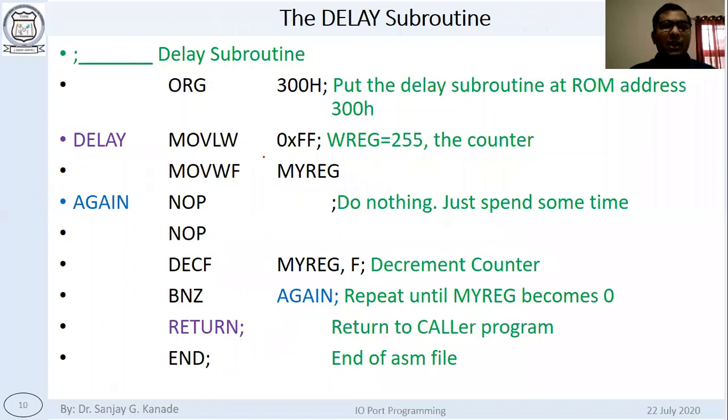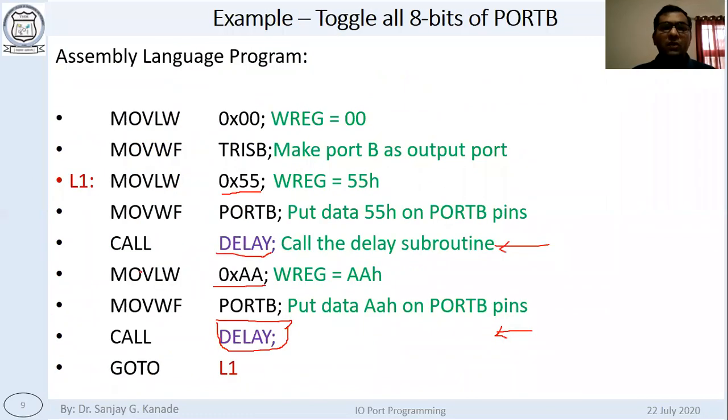which we had written separately. Because of this arrangement of subroutine, we can call the same code at different locations in the main program, after different instructions, or in different scenarios.